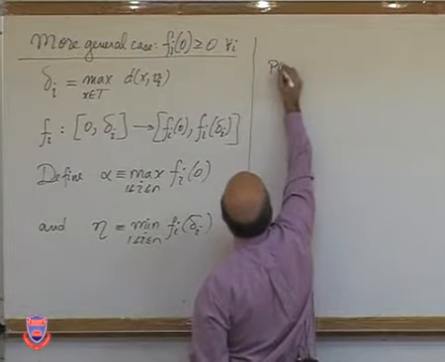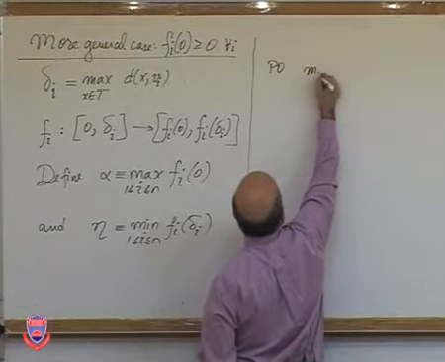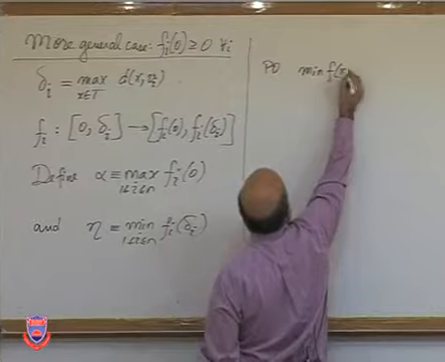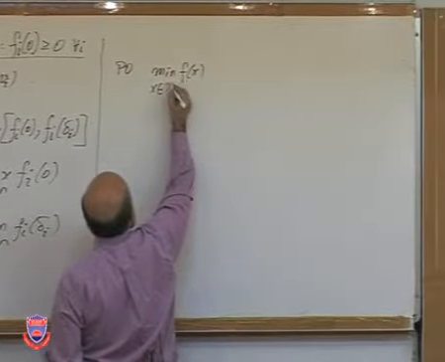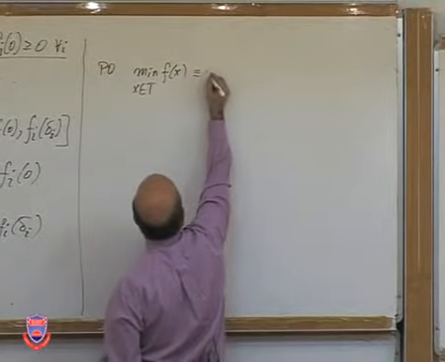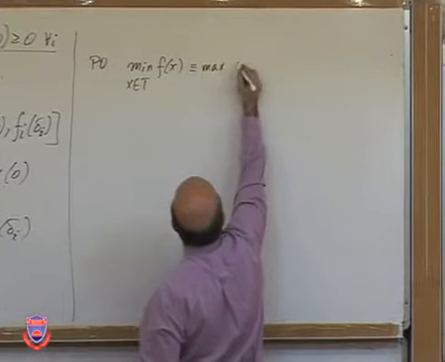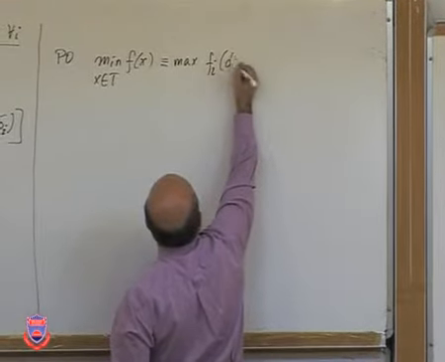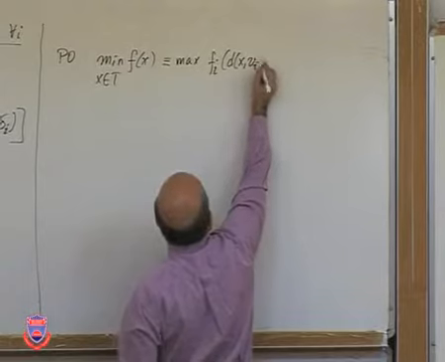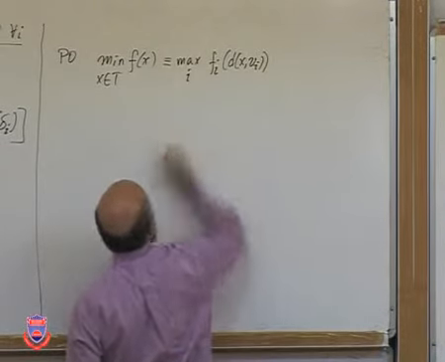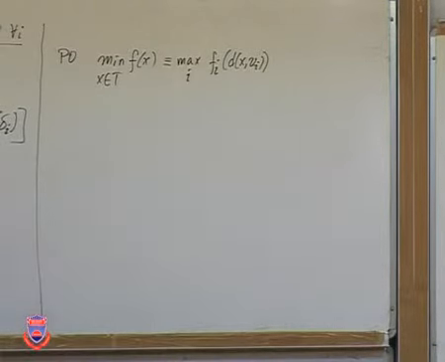So P0 is, again, the problem minimize f(x), x in T, where f(x) is by definition the maximum of the loss functions evaluated at the respective distances. That's the definition of that.